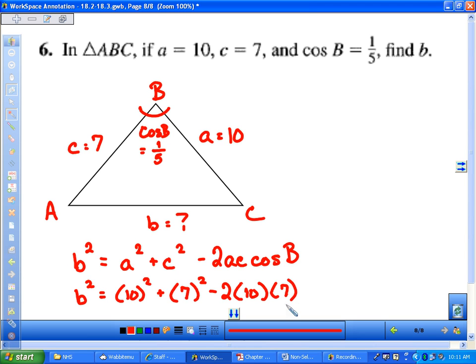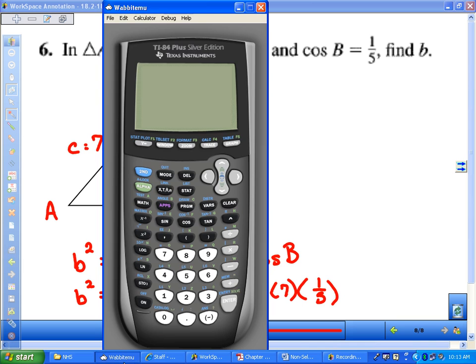Okay, and now, what are we going to replace cosine B with? Completely 1/5 or cosine 1/5? Completely 1/5. They said cosine B is equal to what? So I'm going to replace cosine B with 1/5. And now we go where? Calculator.